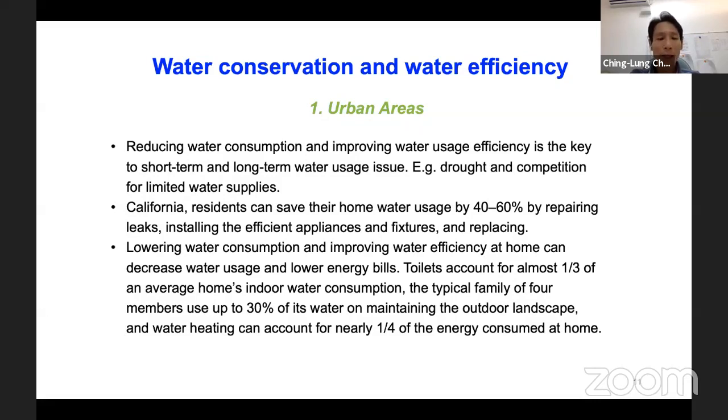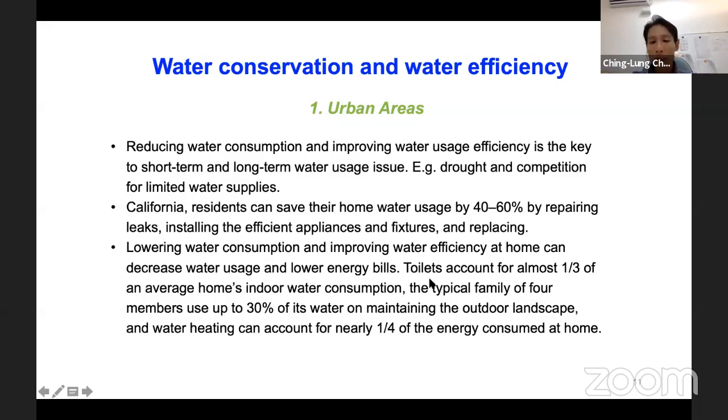Second, in California, residents can save 40 to 60% of their home water usage by repairing leaks and installing efficient appliances and fixtures. Lowering water consumption and improving water efficiency at home can decrease water usage and lower the energy bill.